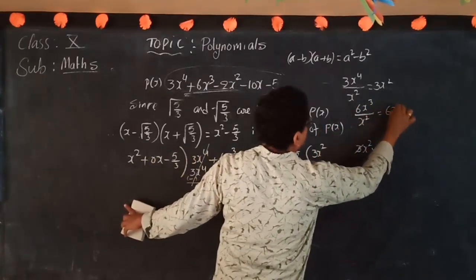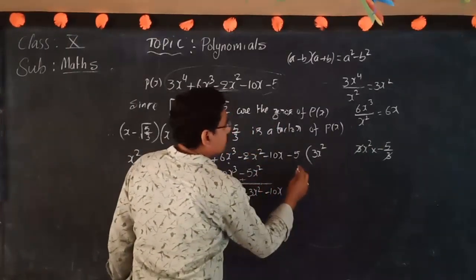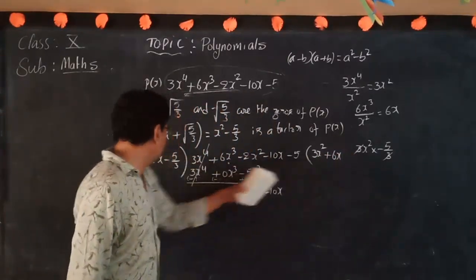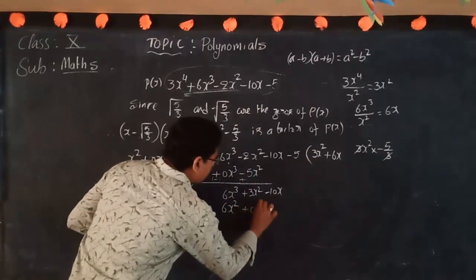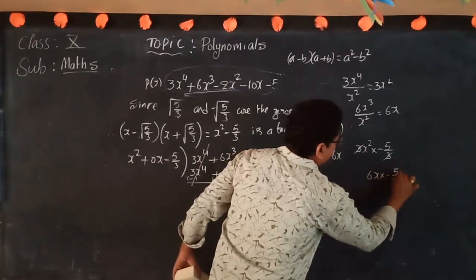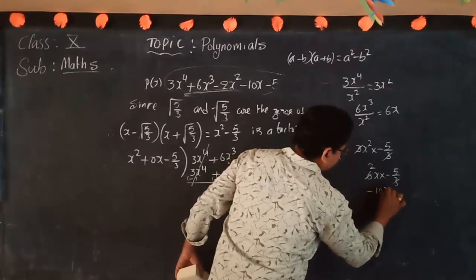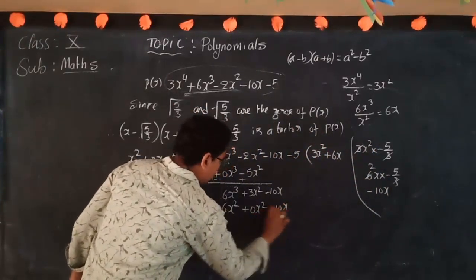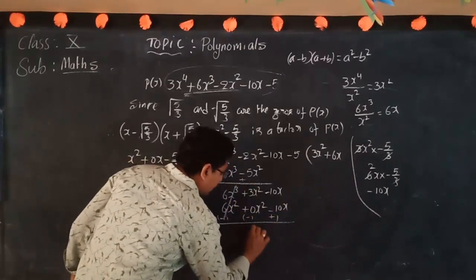Overall, 6x will come. 6x into x square, 6x cube. 6x into 0, 0x square. 6x into minus 5 by 3: 3 ones are 3, 2 threes are 6... 2 into 5, 10, so minus 10x. Now simplify here, minus plus, this one will cancel. So you get 3x square.